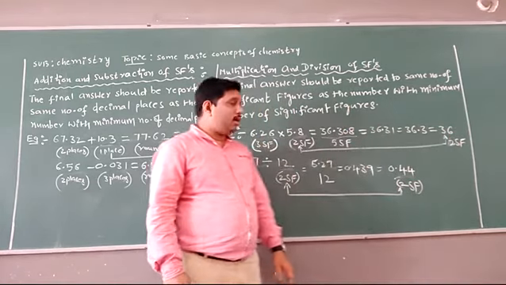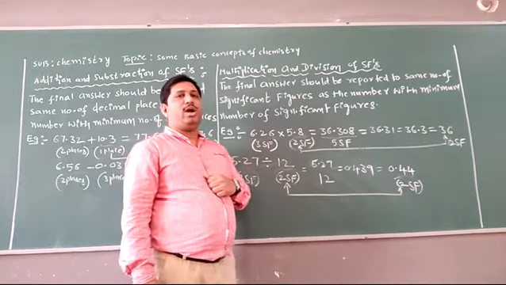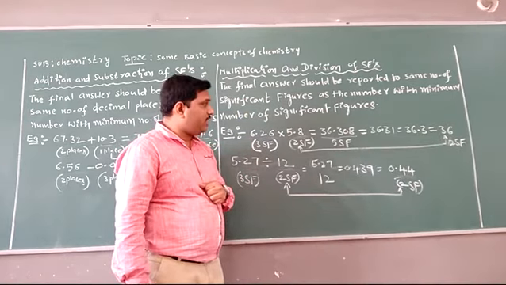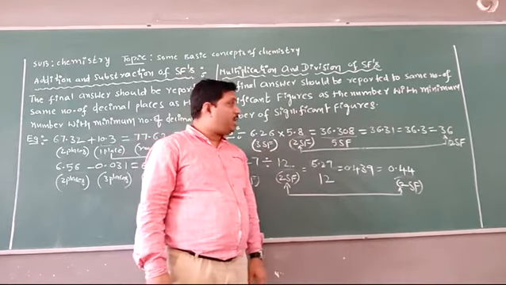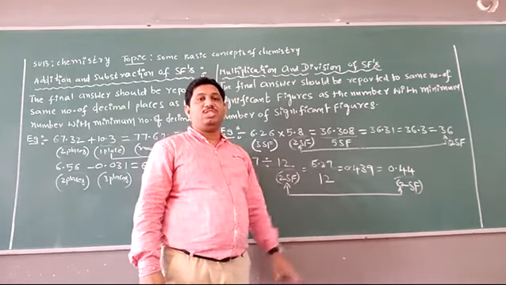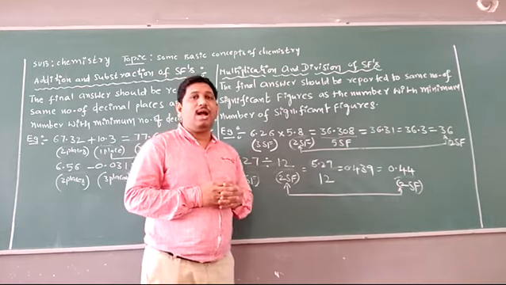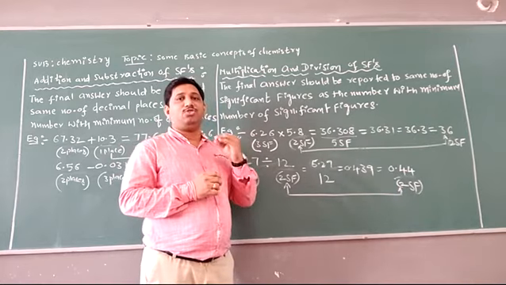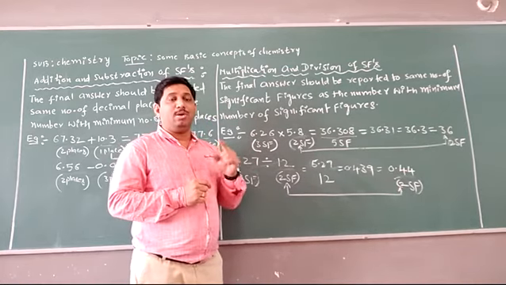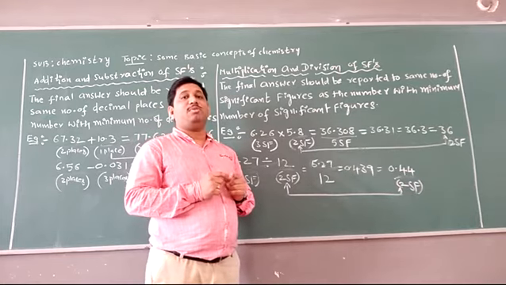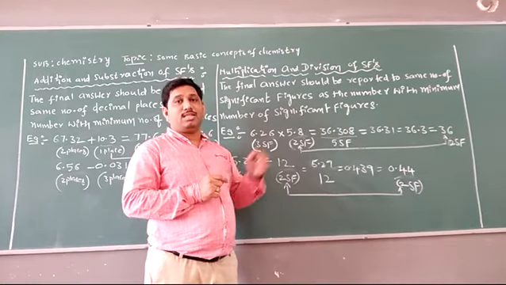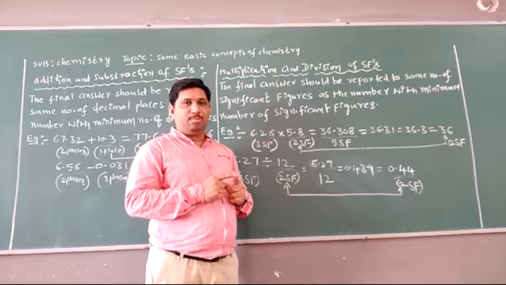Therefore, student, in the multiplication 6.26 into 5.8, the correct answer is 36, but not 36.308, because according to the principle and concept the final answer should be reported to the same number of significant figures as the number with the minimum number of significant figures in multiplication.